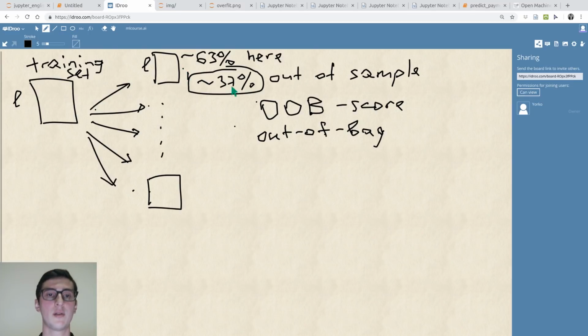When averaged, I get the out of bag score for the model. It's very fast, very efficient. It's not perfect, so sometimes cross-validation is preferred, but it can give you an idea of your model quality without actually doing cross-validation.